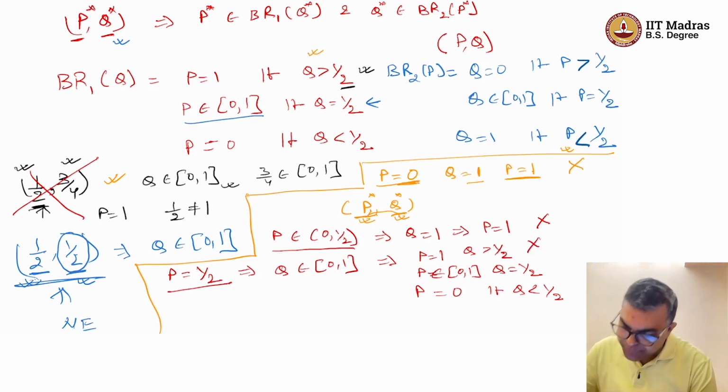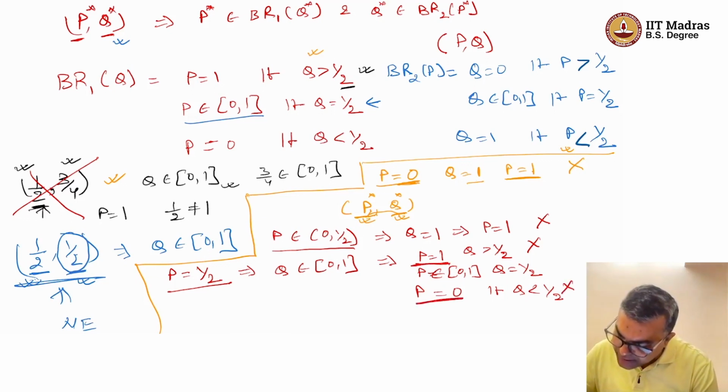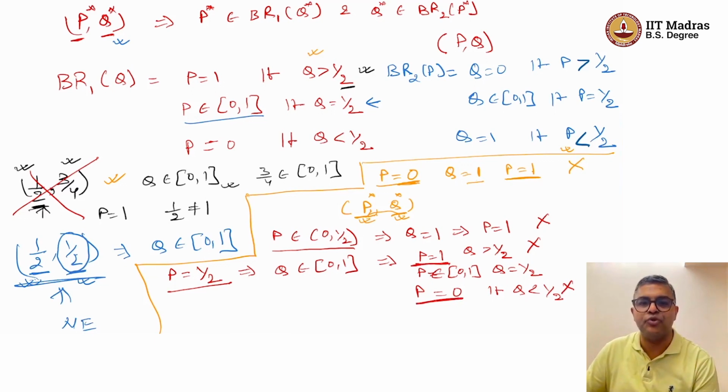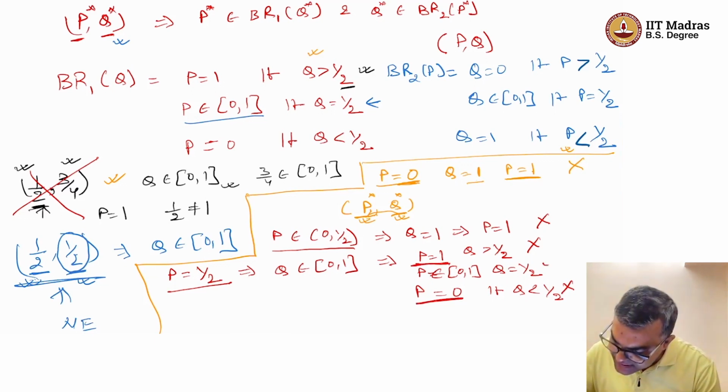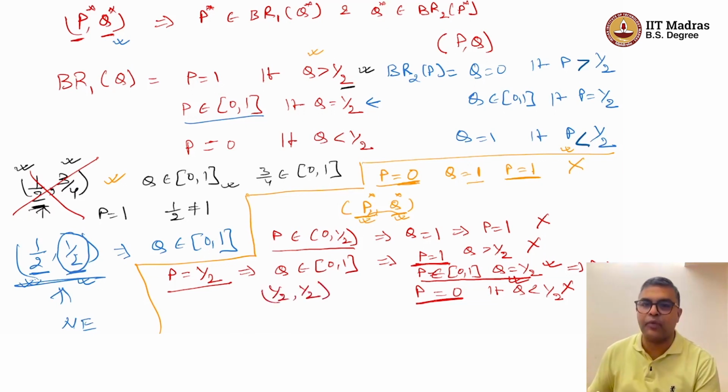This will not bring us to P equal to half because that is giving us P equal to 1. This will also not get us to P equal to half because it is bringing us to P equal to 0. This can give us P equal to half because that's a possibility here. So one can start with P equal to half. If one takes Q also equal to half, you get back to P equal to half, and therefore (half, half) is a Nash equilibrium.